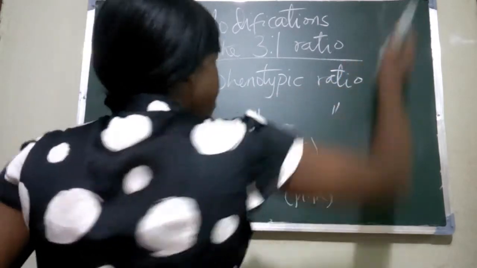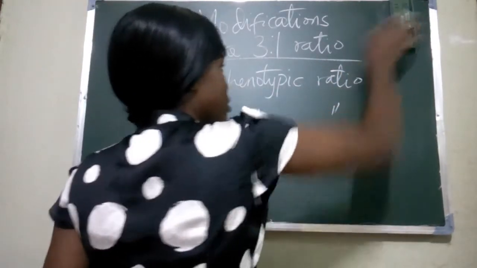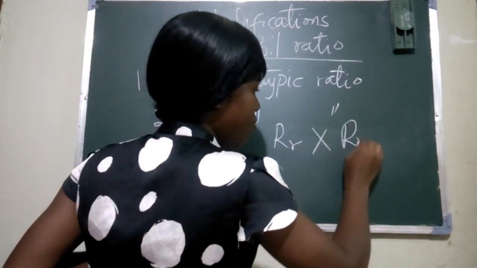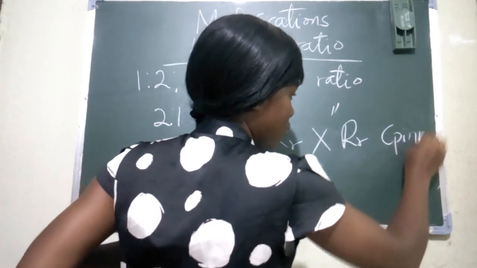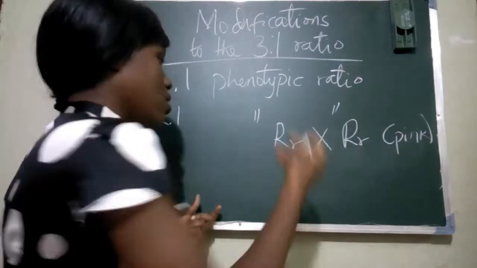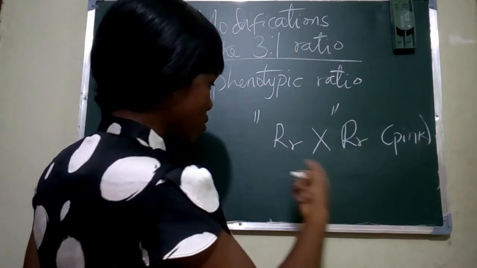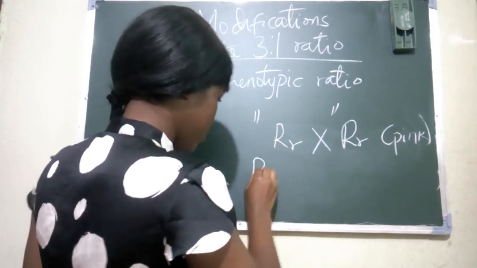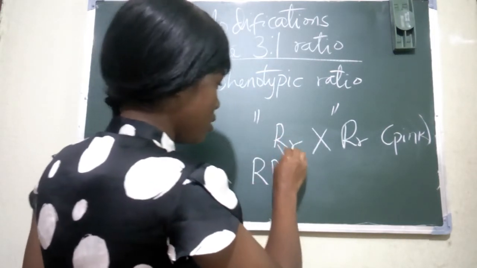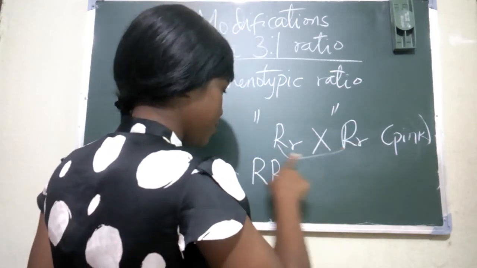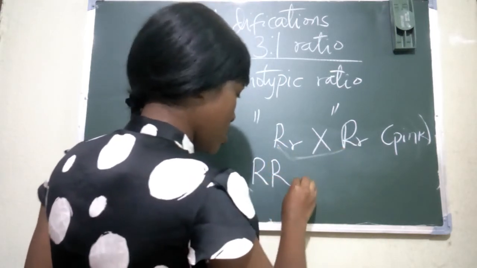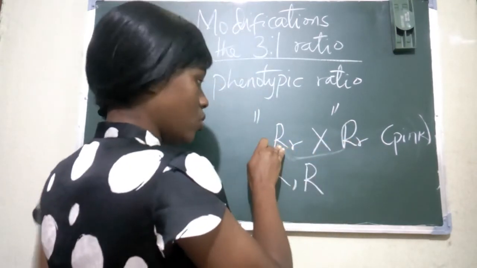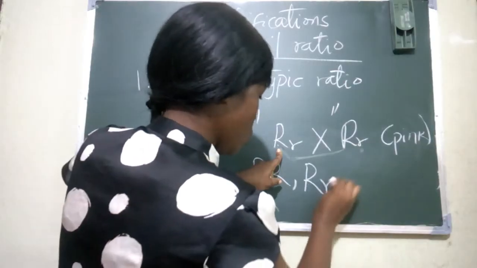So if you were then to cross or self-fertilize these F1 individuals with pink flowers, this in combination with this gives you this.